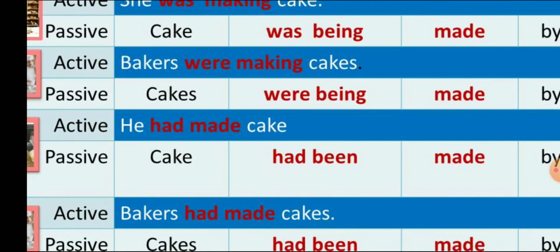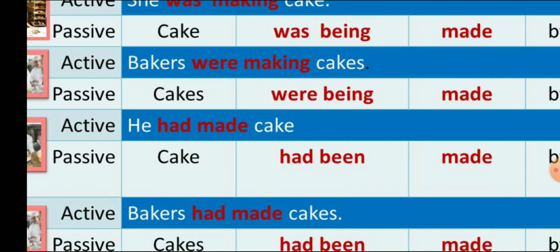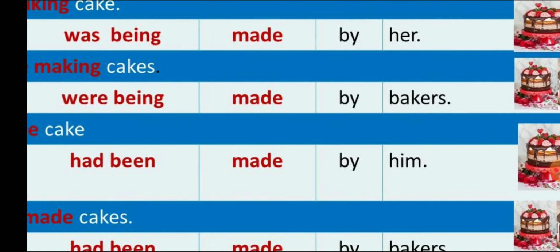Next, bakers had made cakes. Just interchange the subject and object. Bakers is the subject and cakes is the object. Now had made has changed to had been made. So cakes had been made by bakers.